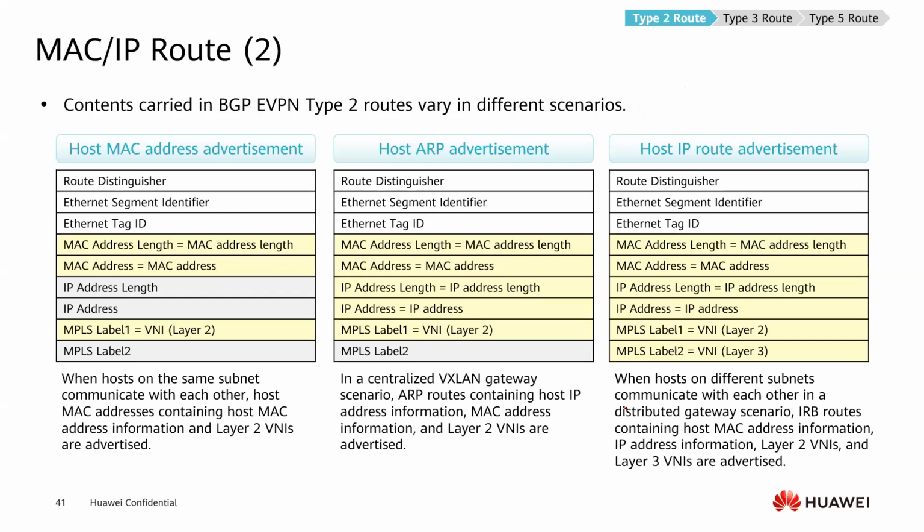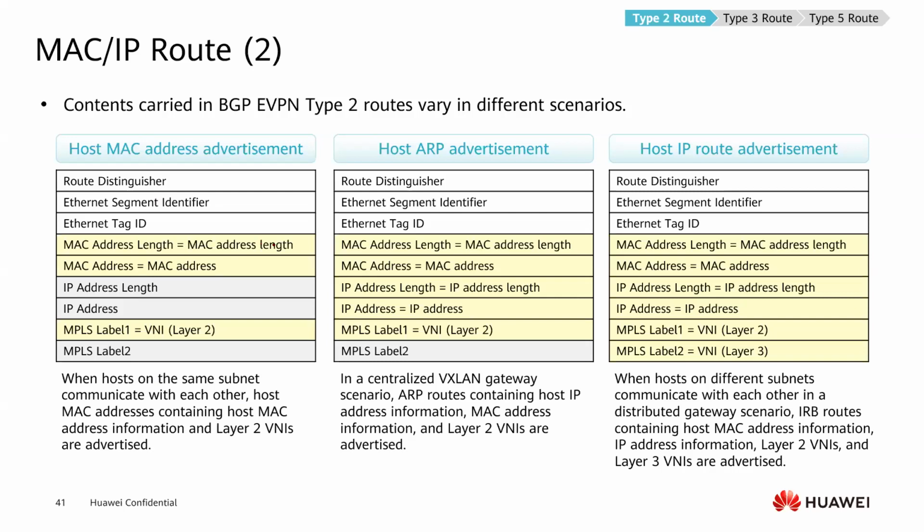Now let's look at what the different MAC routes or IP routes look like. If the route carries different information, we can say there are different types of type 2 routes. For example, the host MAC address advertisement, the host ARP advertisement, or the host IP route advertisement. So what is the difference?